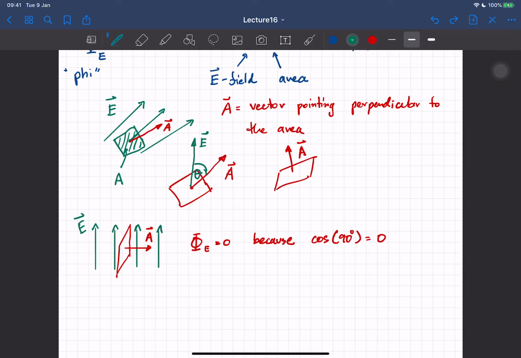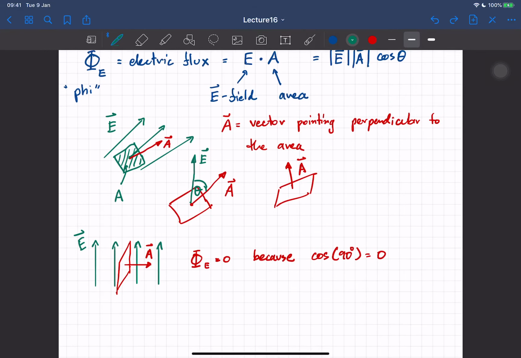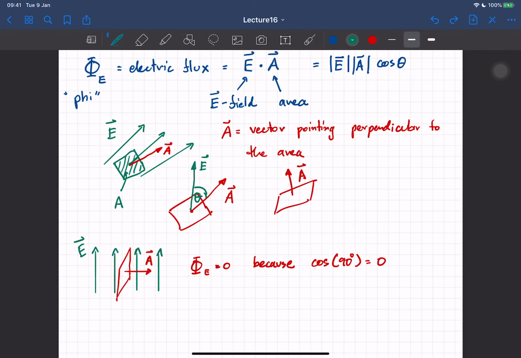So that's why the electric flux is zero. So electric flux depends on the direction or the orientation of your piece of paper and the electric field. So if A and E are perpendicular, then the flux is zero.